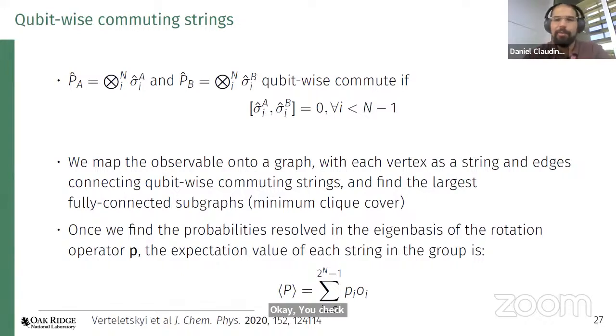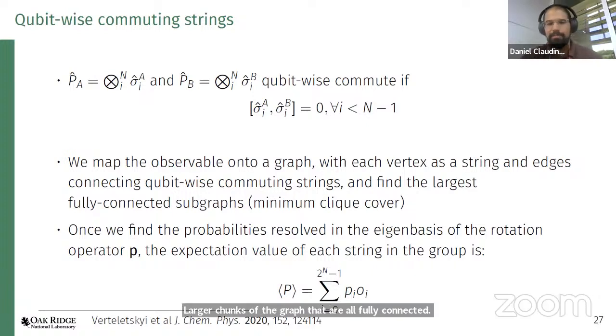That means they qubit-wise commute. So the idea is we map this onto a graph and use graph techniques to find larger chunks of the graph that are all fully connected. That's equivalent to a very well-known problem in CS, the minimum clique cover.